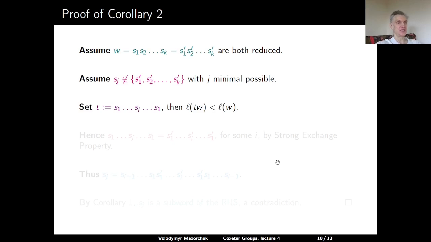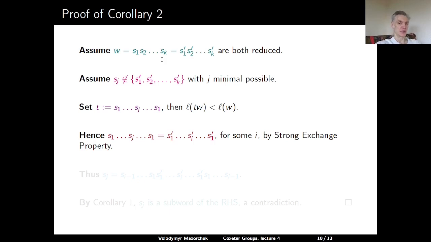Consider the element t, so it's the product s1, s2, and so on up to sj, and then we go down sj minus 1 and so on down to s1, times w. Then, of course, the length of tw is strictly smaller than the length of w, as we can see from the first reduced expression. But then this means that this element t has the form s1 prime and so on, omitting si prime, and so on sk prime for some i by the strong exchange property.